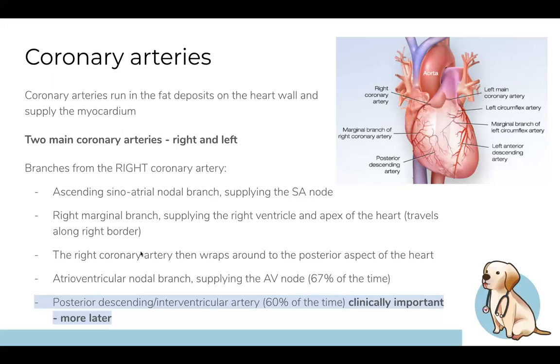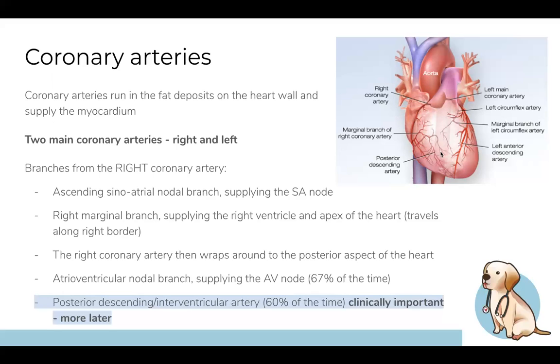So let's talk about your right coronary artery first. Your right coronary artery gives off a tiny branch to your SA node. It gives off a marginal branch. The marginal just goes along the edge there. That supplies your right ventricle, and then travels along there to supply your apex. The coronary artery comes out of here and then wraps around the side, behind the heart.